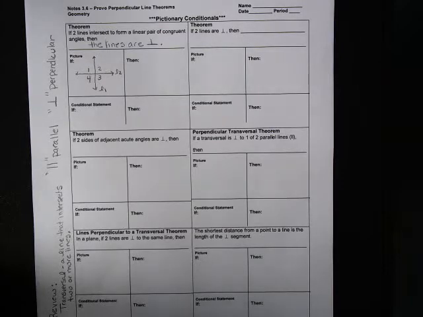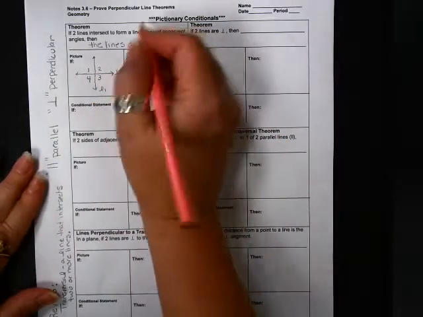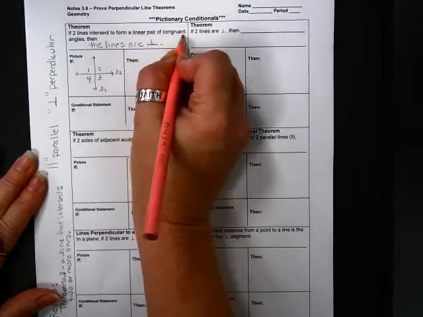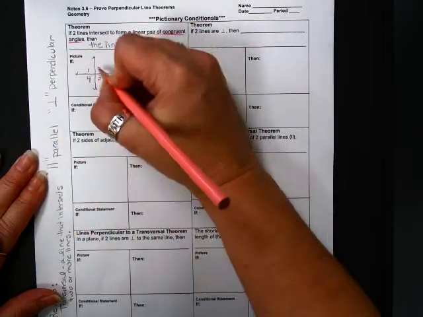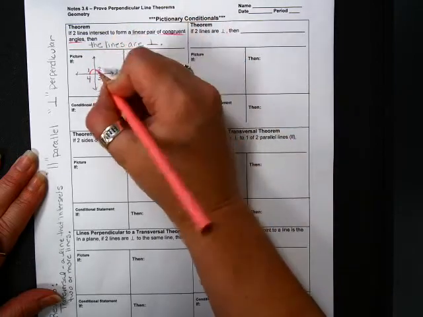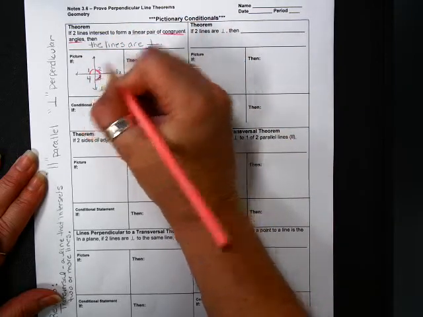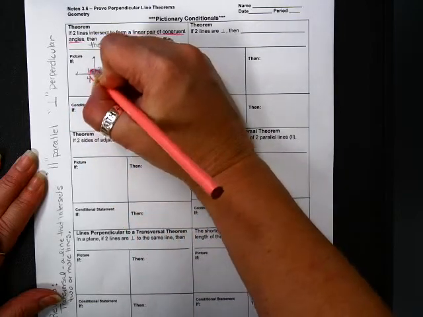And so what we want to show is that these angles are congruent because it says that it's a linear pair of congruent angles. So 1 has to be congruent to 2, 2 has to be congruent to 3, 3 has to be congruent to 4, and 4 has to be congruent to 1.